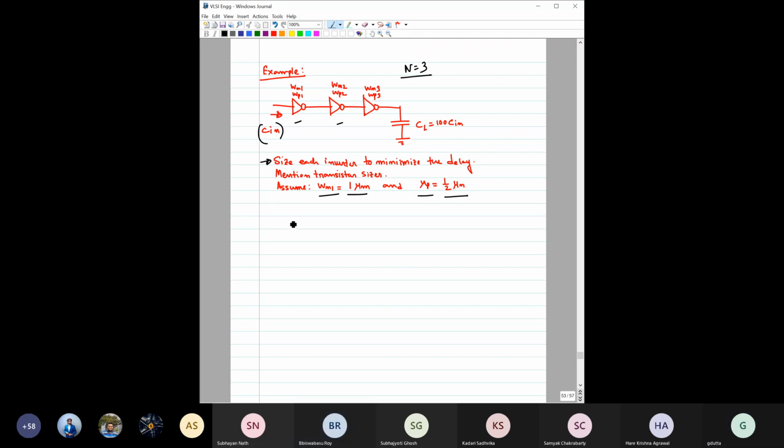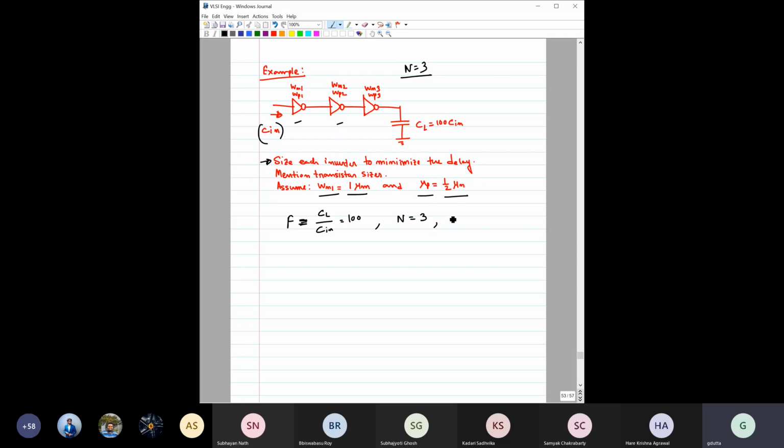Calculate the fan out, right? So basically it should be capital F, the output load by the input load, so it is C L by C in. If you do that, it comes to 100, right? N is already fixed here, n is equal to 3.